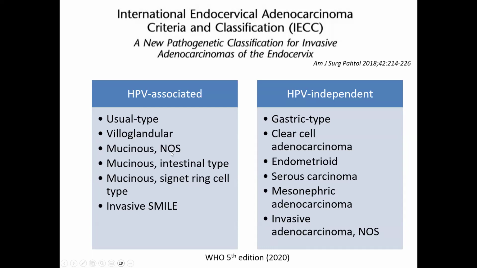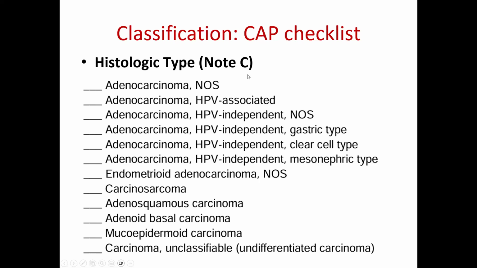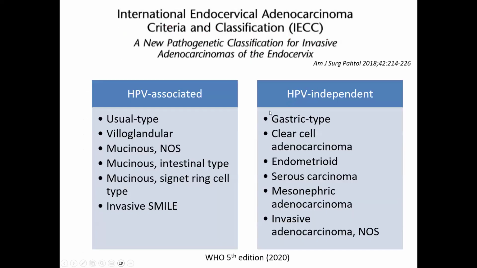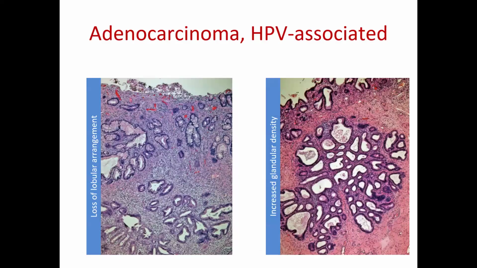And that is why you can't be wishy-washy in your report. In your report, you have to be very clear. And as you fill the synoptic, the CAP checklist, you can see you have to be very clear. Is it HPV associated or HPV independent? Because gynecologic oncologists know that these are typically aggressive tumors and they need to be handled differently.